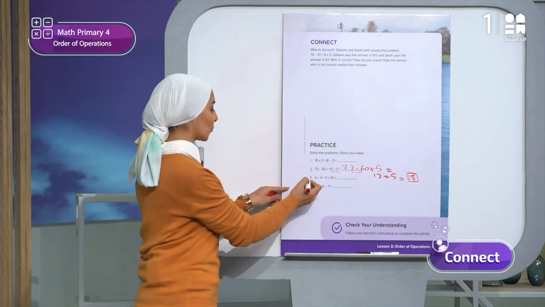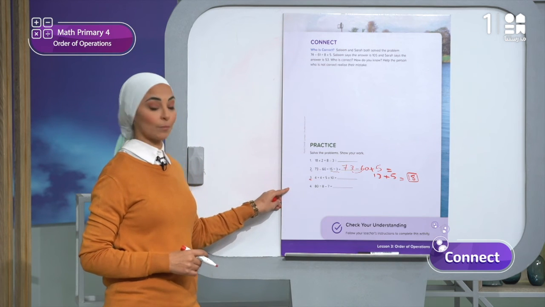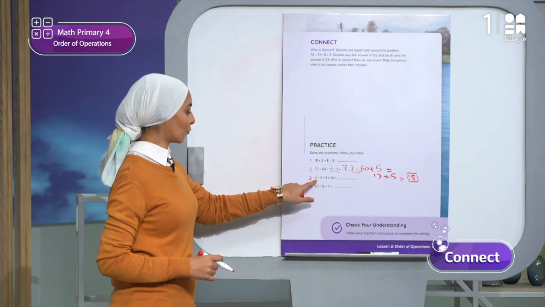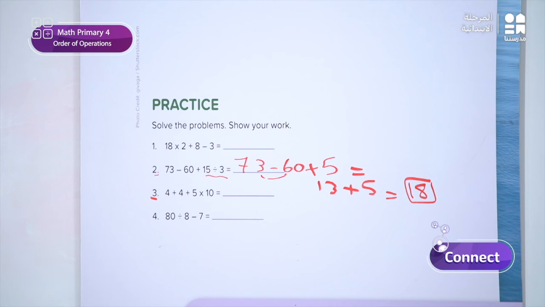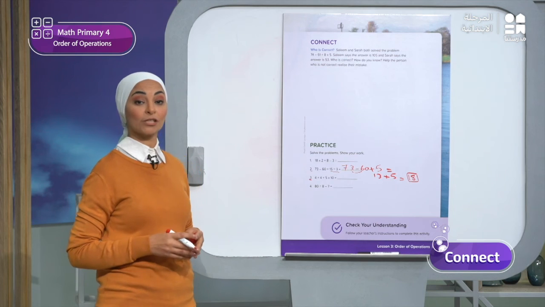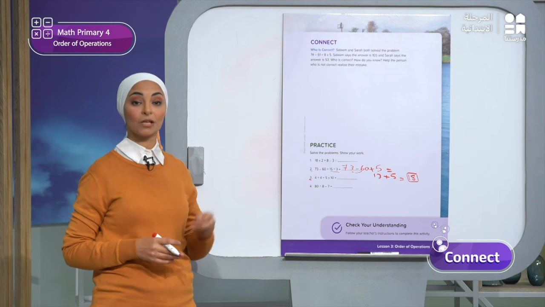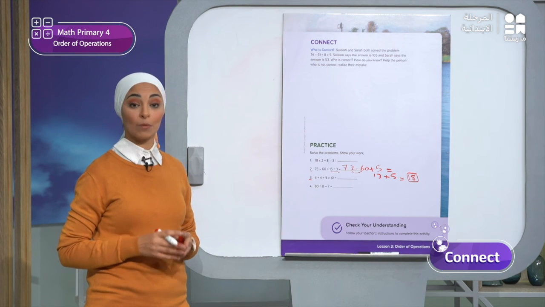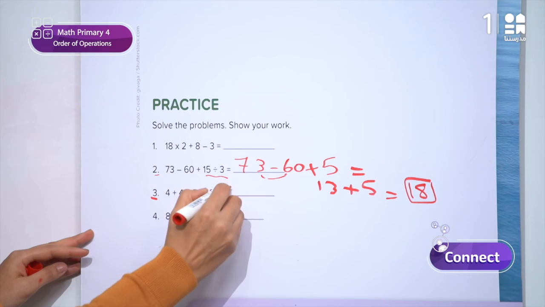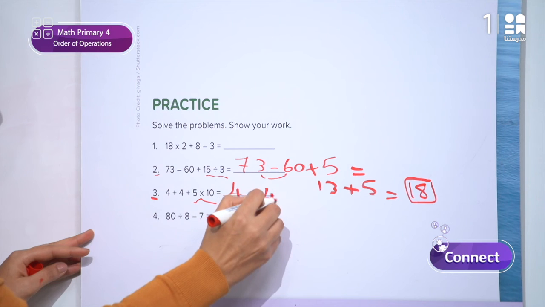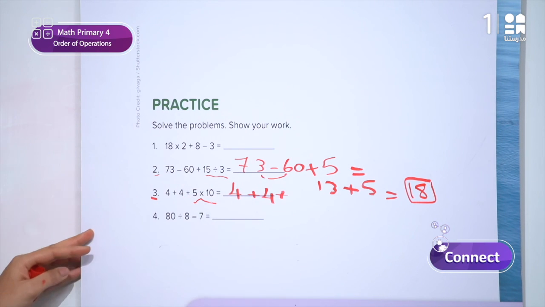Now, let's move to problem number 3. Problem number 3 says 4 plus 4 plus 5 times 10. As the equation involves addition and multiplication, what must I start with? The multiplication, which is 5 times 10. So I will write 4 plus 4 plus here 5 times 10 equals what?